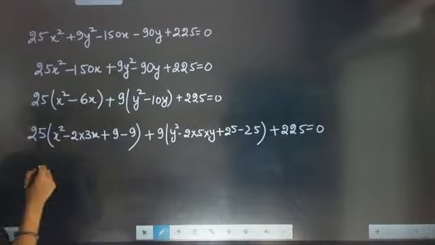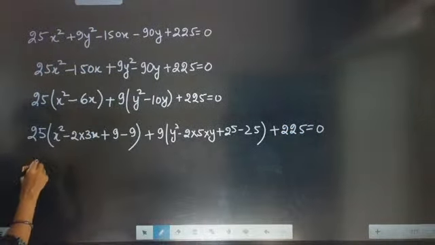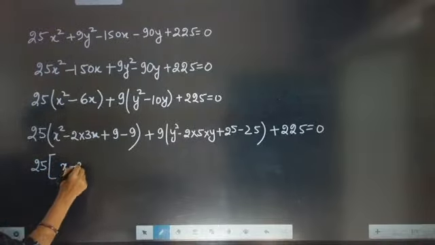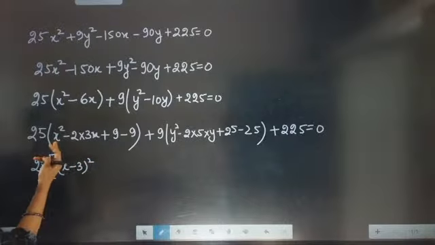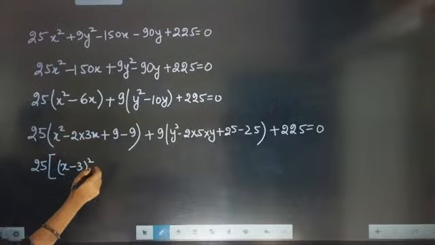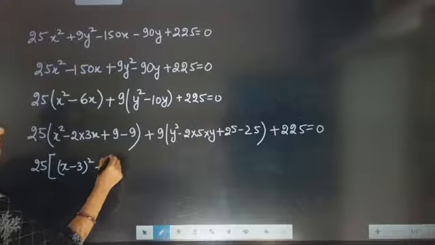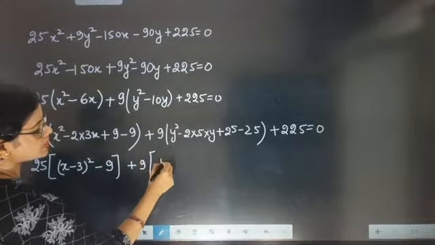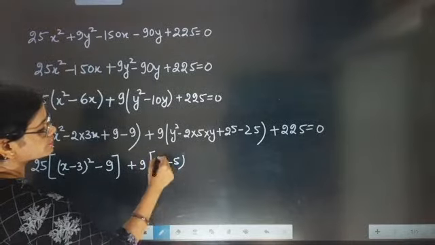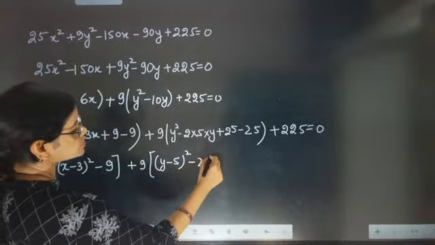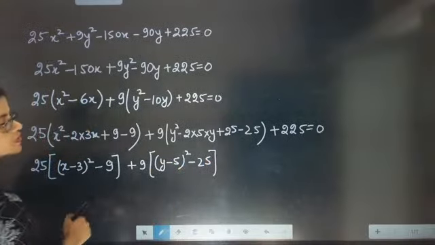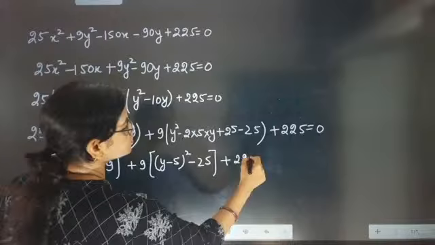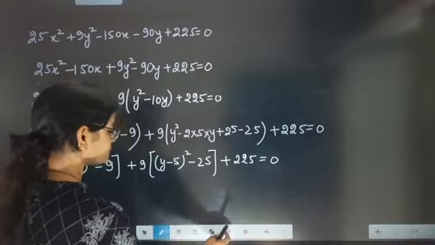So now 25, this is coming as x minus 3 whole square minus 9, plus 9, this is coming as y minus 5 whole square minus 25, and then here it is coming as 225 equal to 0.